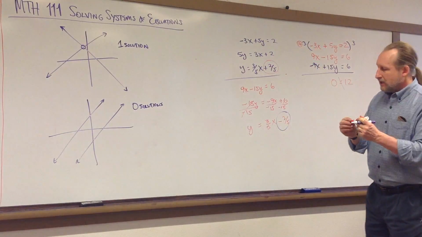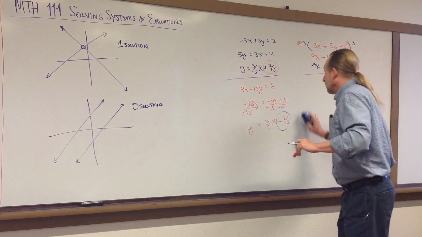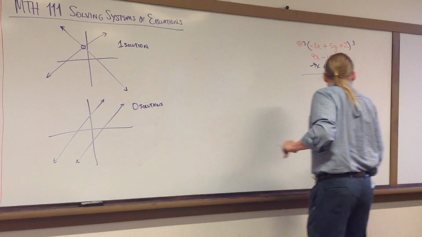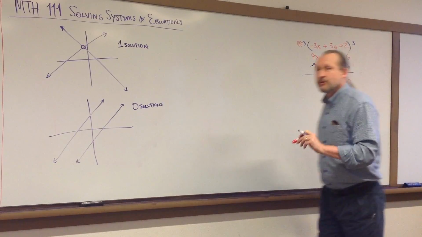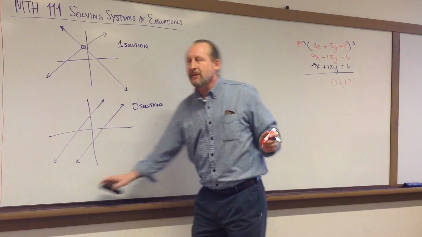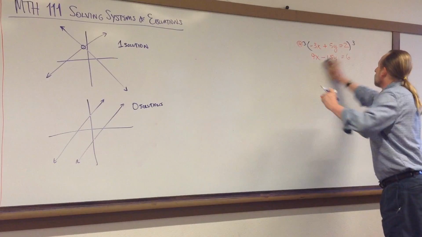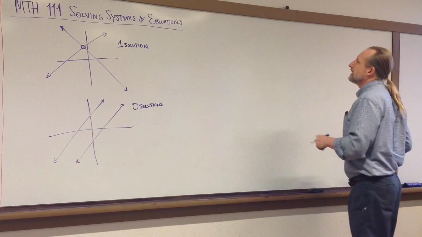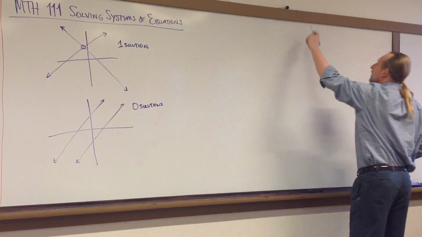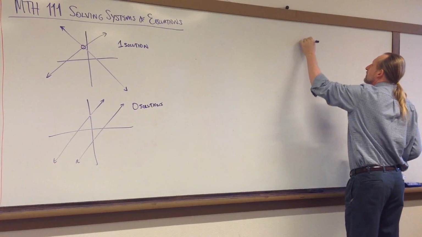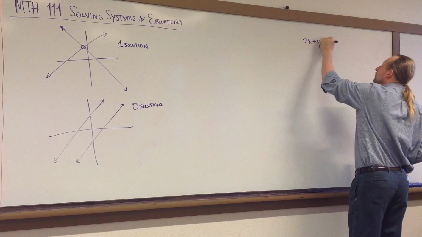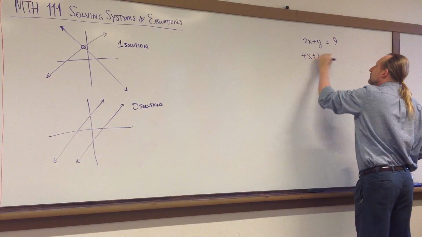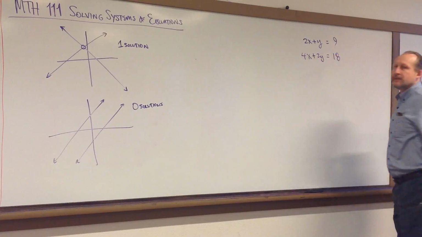The last one is the one that we saw in problem 12. What happens there is that there are an infinite number of solutions because we're just looking at the same line twice. Let me show you an example. Let's say we had, I'm going to make it simple, 2x plus y equals 9, 4x plus 2y equals 18.